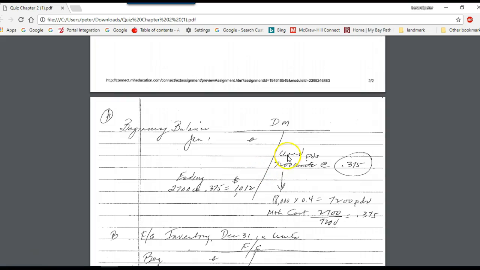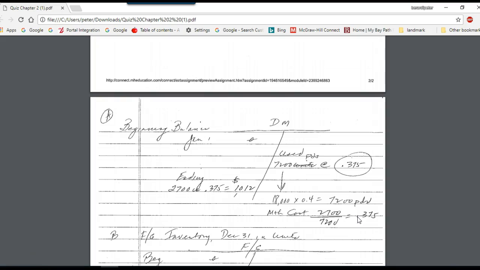That would be on the credit side, because you're crediting materials for direct materials used. The debit side is WIP. It went into production. The material cost they give us right in the problem is $2,700. So you divide that by the 7,200 pounds, which I calculated here, and that gives you a cost per pound of 0.375.